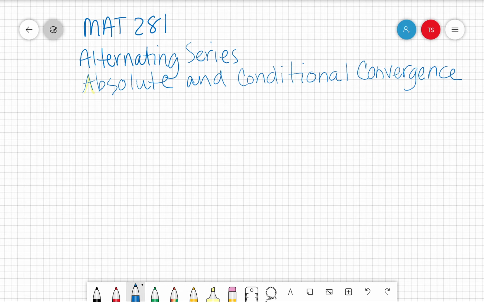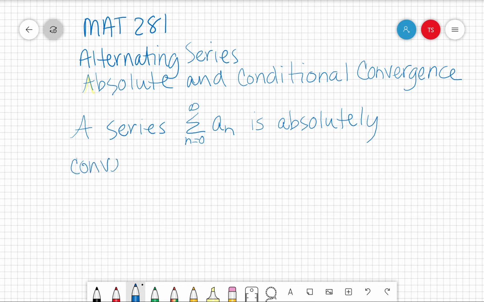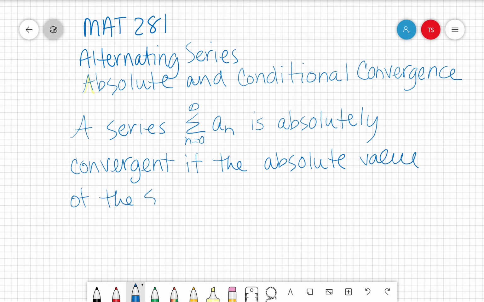So the idea here is that a series, let me just write it this way, is absolutely convergent if the absolute value of the series terms, so let me just write the absolute value of a sub n, is convergent.